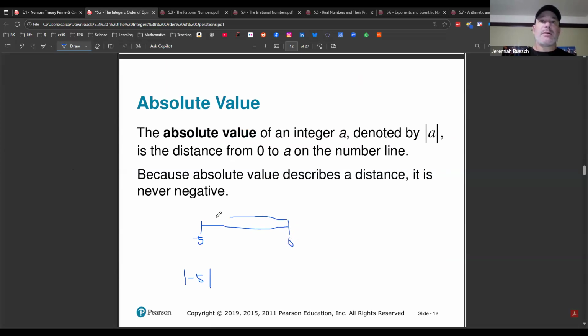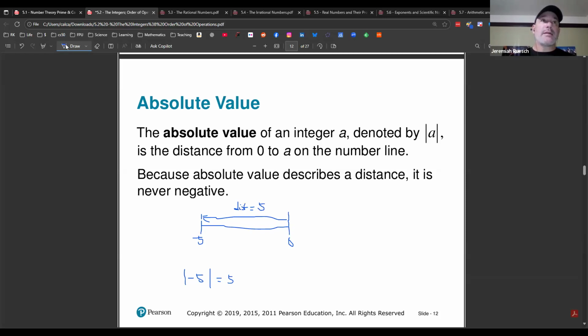It's talking about this distance here. And since we always consider that distance to be positive, like how far you had to walk, it would be 5 units. So the absolute value of -5 happens to be 5.